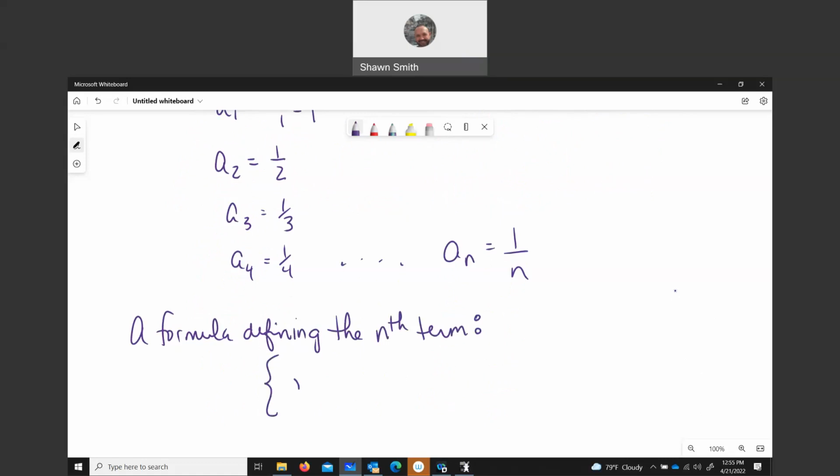We use braces, which denote a set, right? Squiggly lines mean a set. That's the set of elements in here. So it's the set of all of the terms in the sequence, defined as its rule. Let's say n plus 2 divided by n. So now if I want to say, what are the first 6 terms of the sequence?